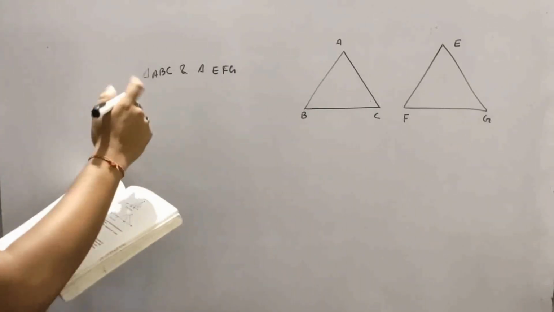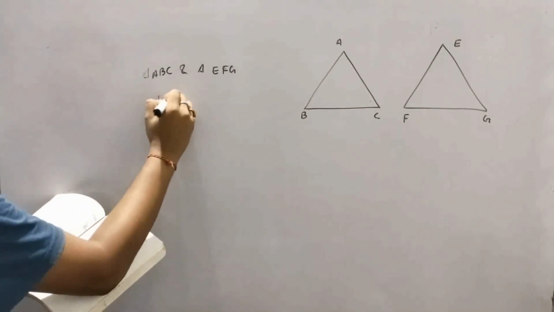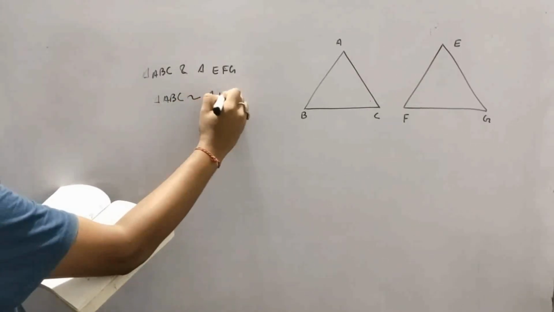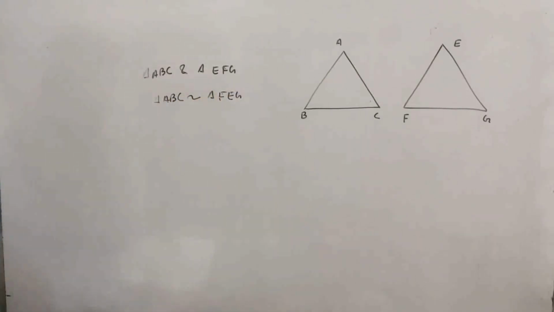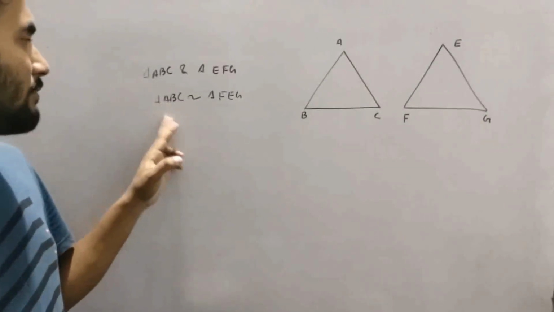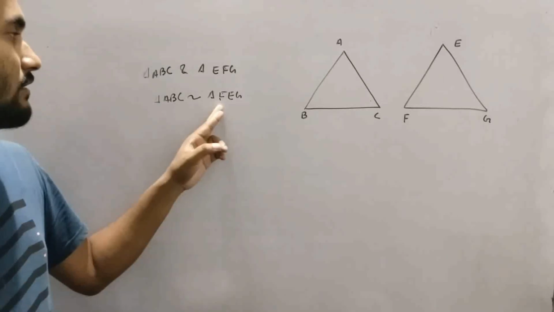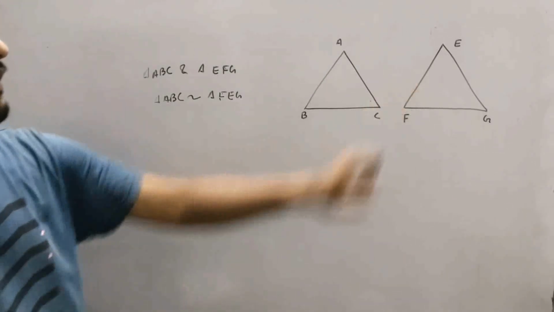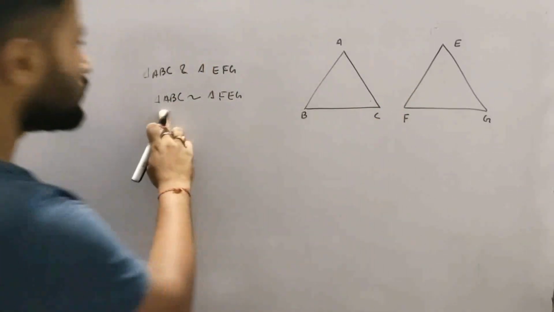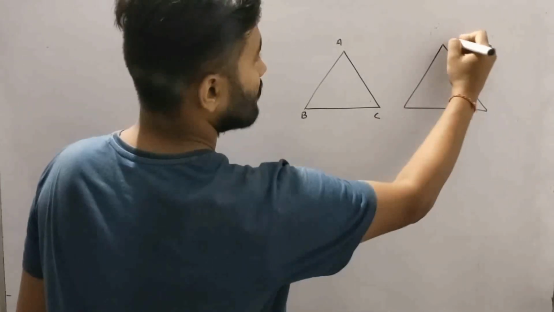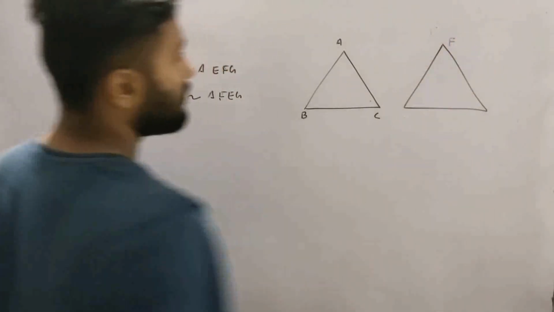But now what is given in the question? That triangle ABC is similar to triangle FEG. That means with A, what will be its corresponding angle? F. With B, E. And with C, G. That means my alignment is not correct. With A, it should be F. This F will be over here, okay? This F will be over here.